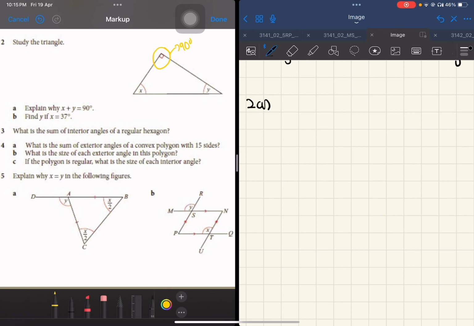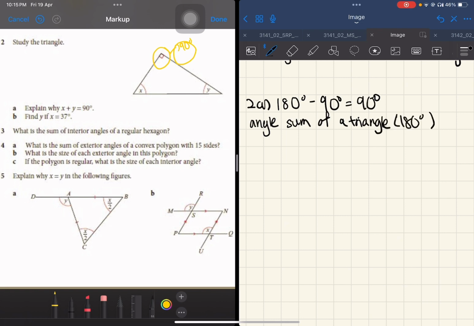So if you want to show your working, you can use 180 degrees minus 90 degrees, which is here, and then you get 90 degrees. And the 90 degrees is basically the sum of x and y. So when you add 90 and 90 together, you get the angle sum of a triangle. So you can write that it is because the angle sum of a triangle is 180 degrees.